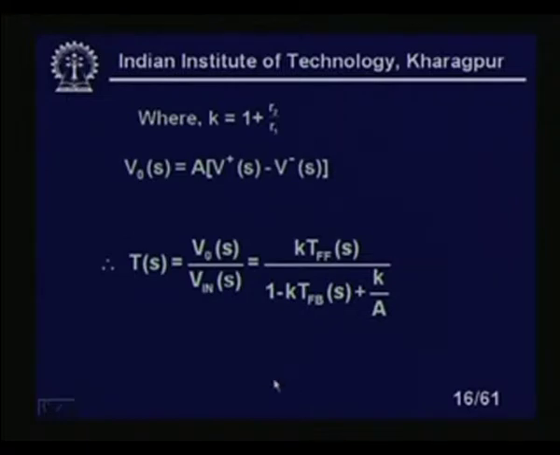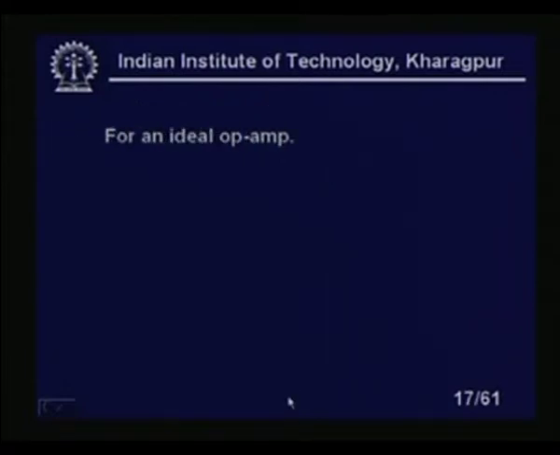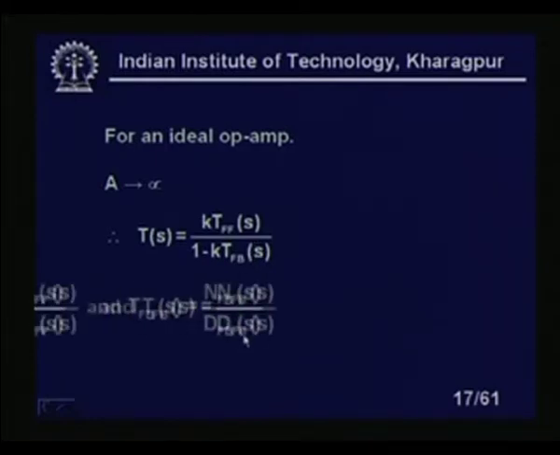Now, where k equal to 1 plus R2 by R1 and V0(s) equal to A, obviously output voltage will be equal to the amplifier gain multiplied by the difference of the signals coming in the non-inverting and inverting inputs. So, which can be written as k TFF(s) upon 1 minus k TFB(s) plus k by A, right, small k by A. For an ideal op amp, obviously I can assume that A is infinite, then I can write T(s) equal to k TFF(s) upon 1 minus small k TFB(s), right.